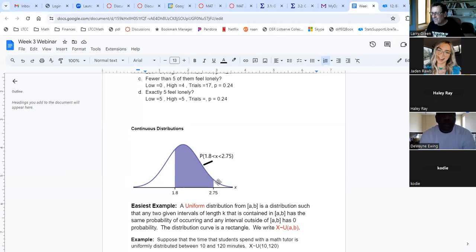But what area do you know how to find? You have to think back to your elementary school or middle school time. What do you know how to find the area of? Certainly not the area of a piece of a bell curve. But what do you know how to find the area of, or at least at one time learned?